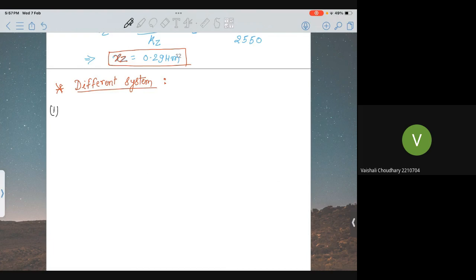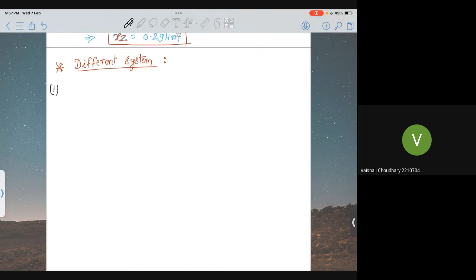So the first system is one in which we have one cantilever beam which is fixed at one end, the fixed end, and the other end of the beam is free and suspended.